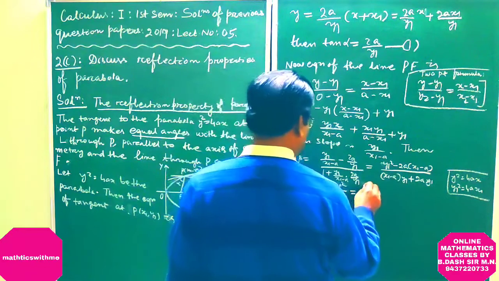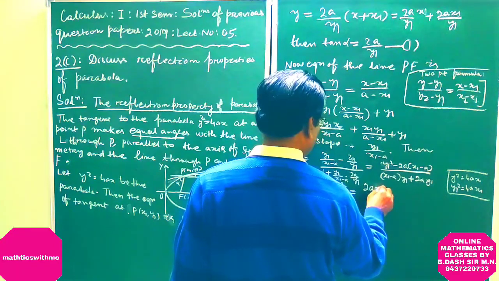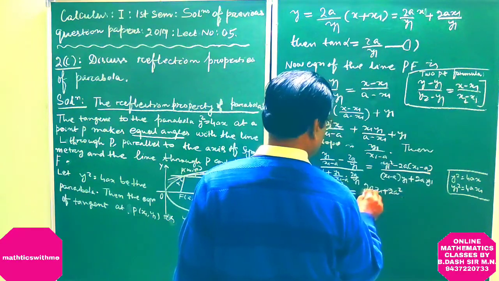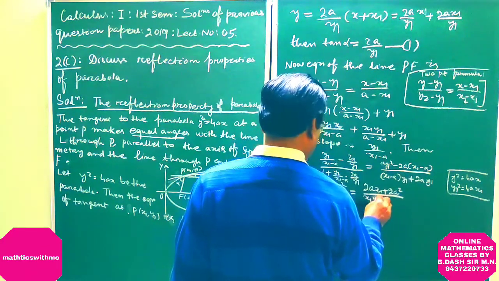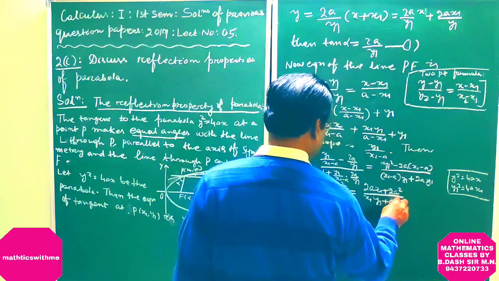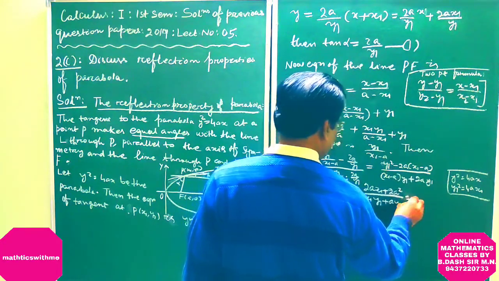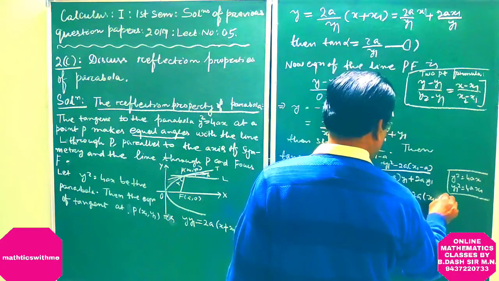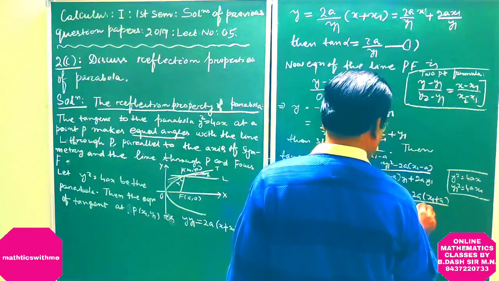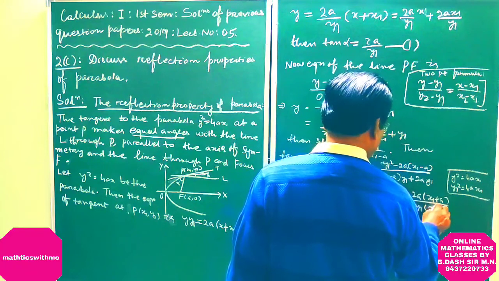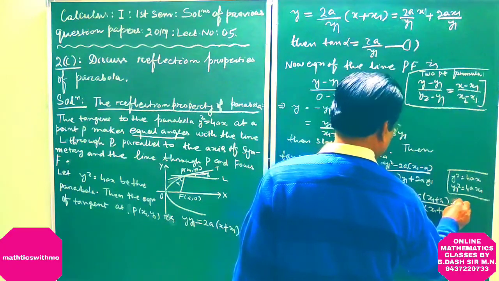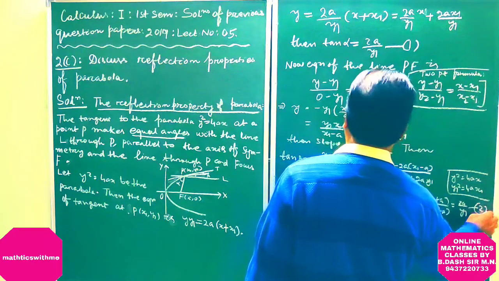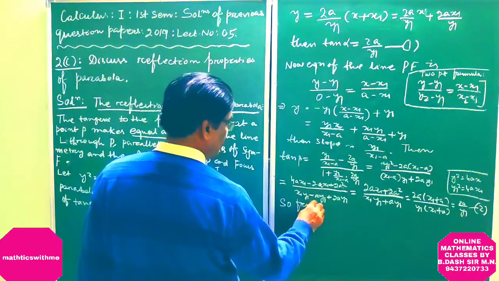This is equal to 2a x1 plus 2a square, divided by x1 y1 plus a y1. This is equal to 2a common, x1 plus a, and y1 common, x1 plus a, which is equal to 2a by y1. This is equation 2.